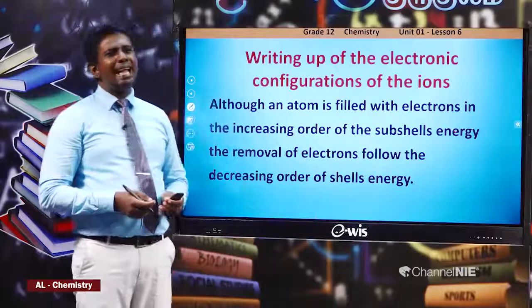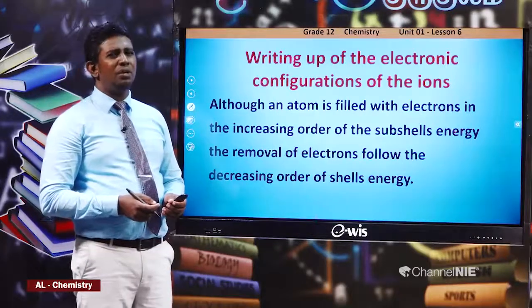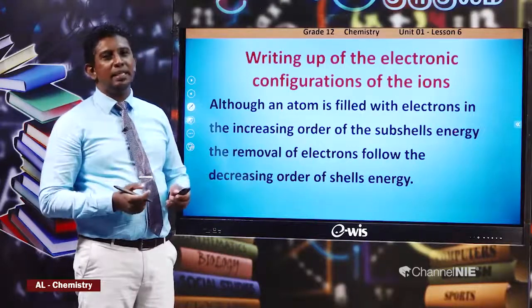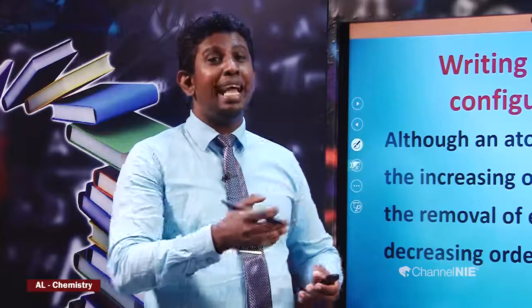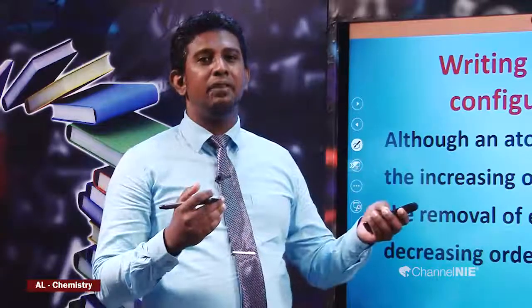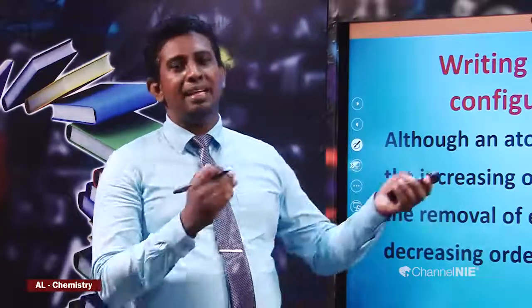When it is an anion, it would not be harmful, you just find the total number of electrons and keep filling. But make it a habit to first go to the atom and start filling electrons, and further electrons if it is an anion.